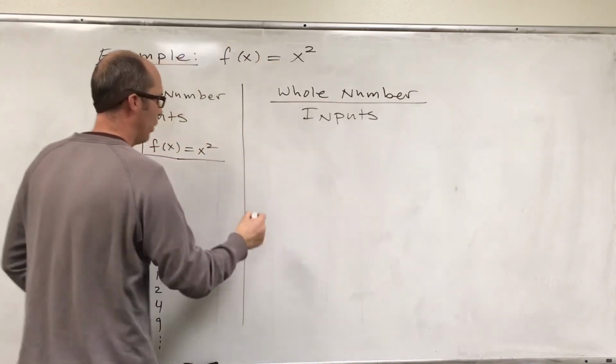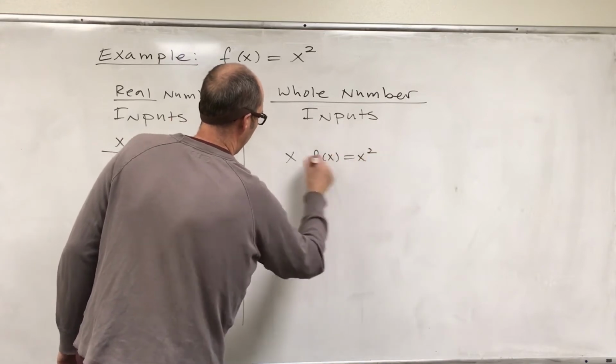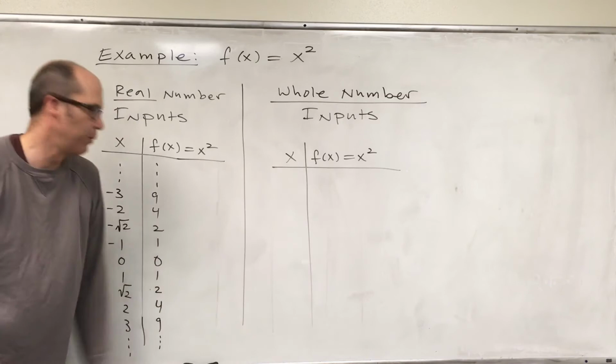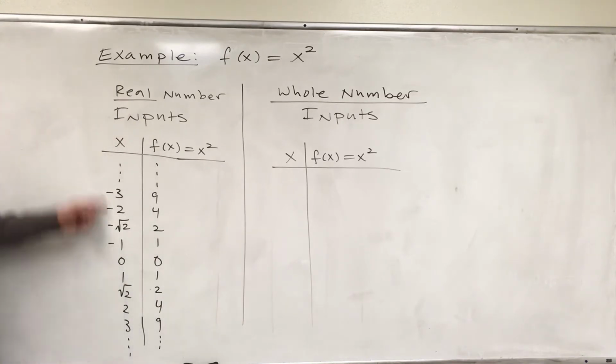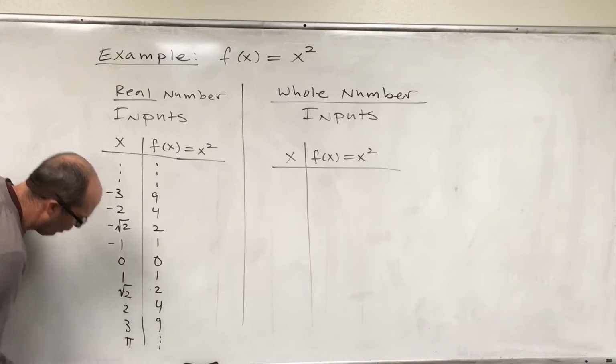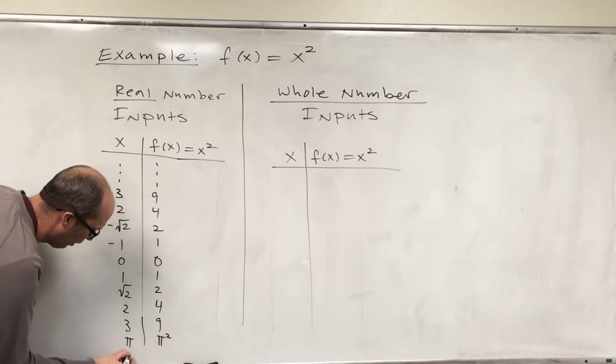so with whole number inputs, all that's acceptable to put in this column are whole numbers. Here we can put real numbers, right? We can put pi in here, because pi is a real number. Where does that go to? Pi squared, whatever that is.